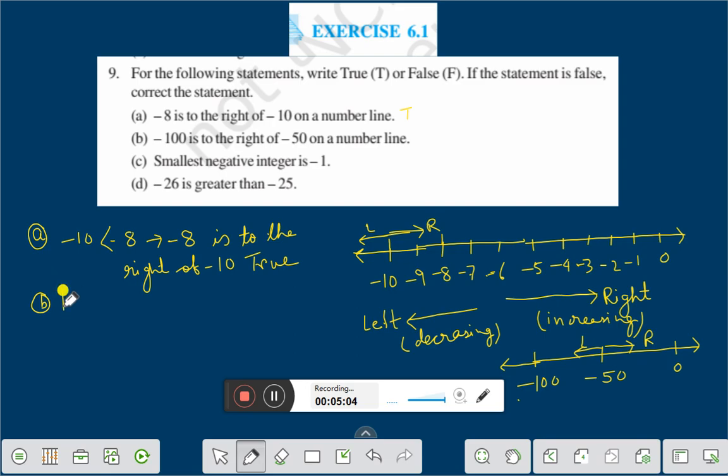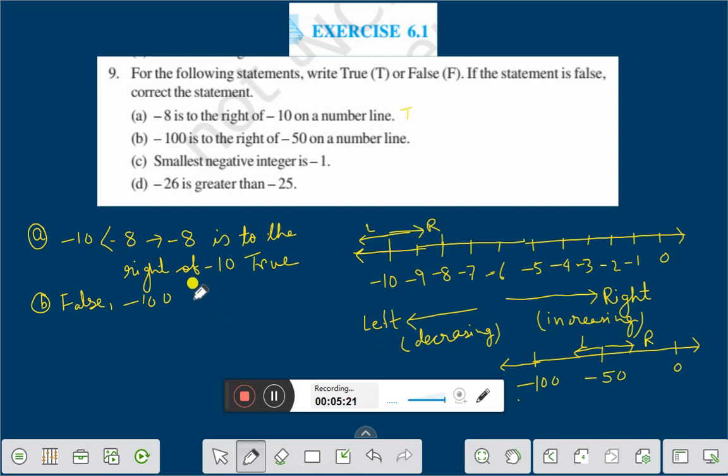Question B is false. And what is the correct answer? The correct answer is: minus 100 is in which direction? It is in the left.